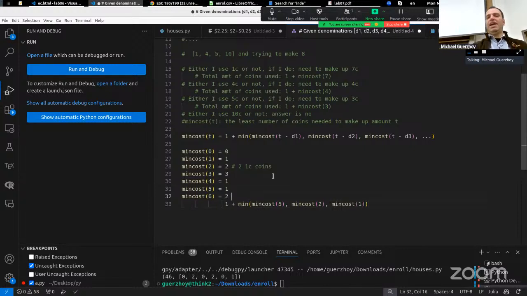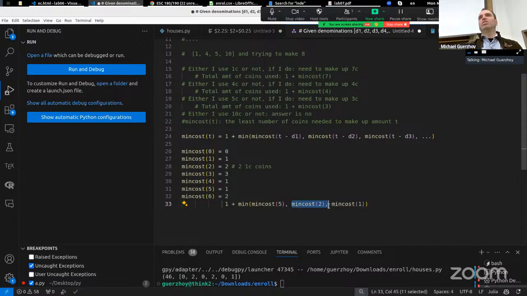So this is saying I definitely am going to use 1 coin, and then what makes sense the most to me? So this wouldn't make sense, because if I use a 4 cent coin, then I'll need to use 2 more, right?